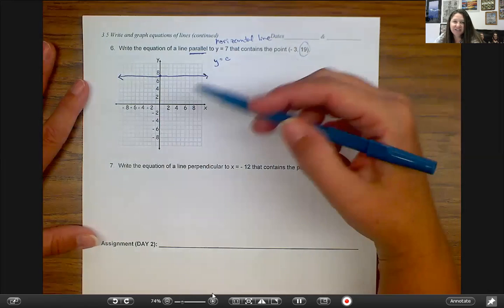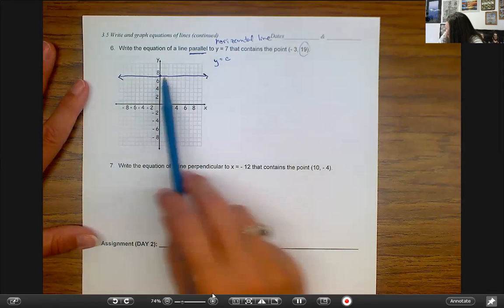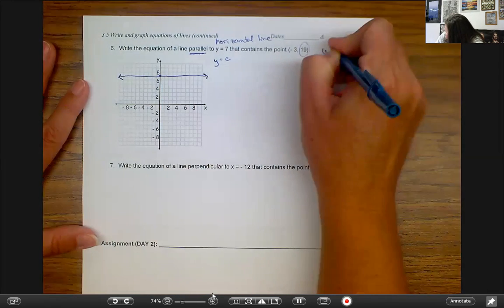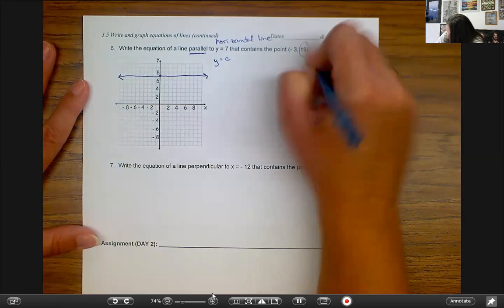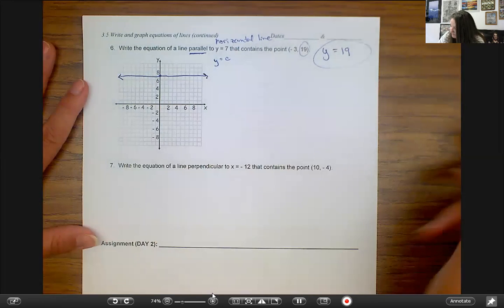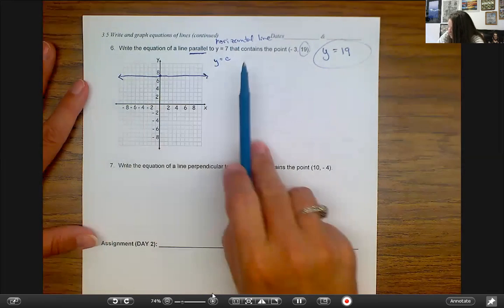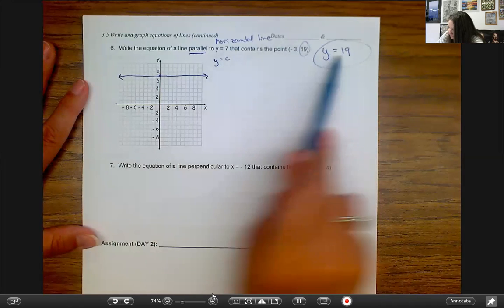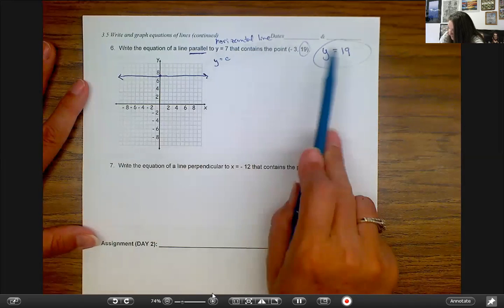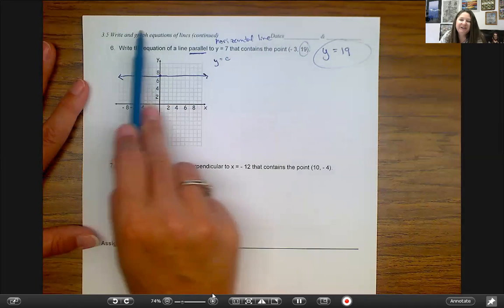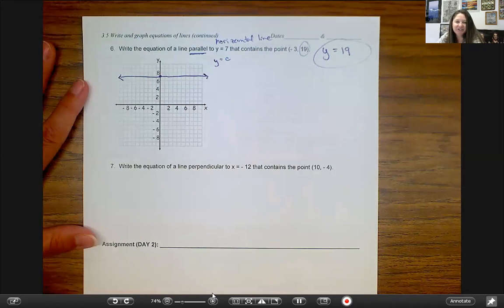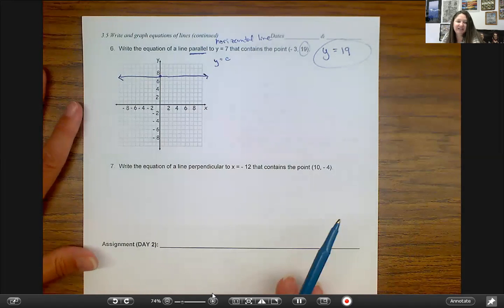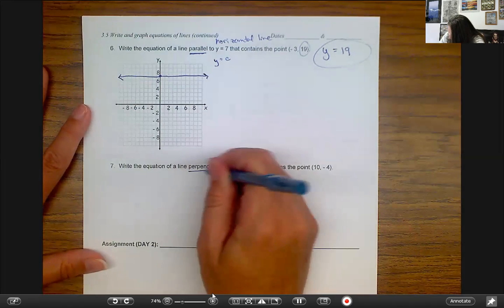So the equation of the line that will run parallel with this one will just be y equals 19. But again, if it's parallel, the line should be in the same form. So y equals 7 and y equals 19, which would be way up here, they would be running parallel to each other.